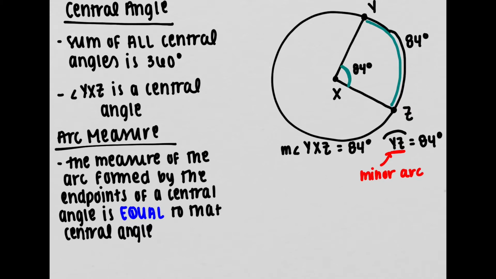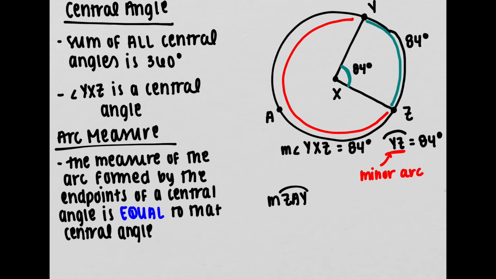Now in this situation, we do have a major arc. If I put this letter A here, I could now say I have this arc ZAY. That's the big part. Let me use a different color. ZAY is 3 letters, so I want to figure out the measure of arc ZAY.